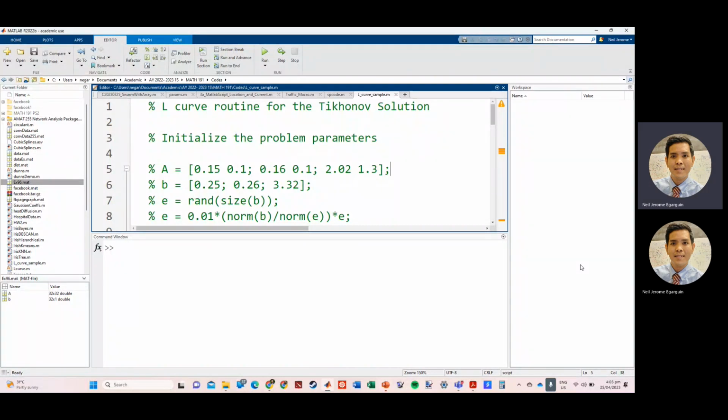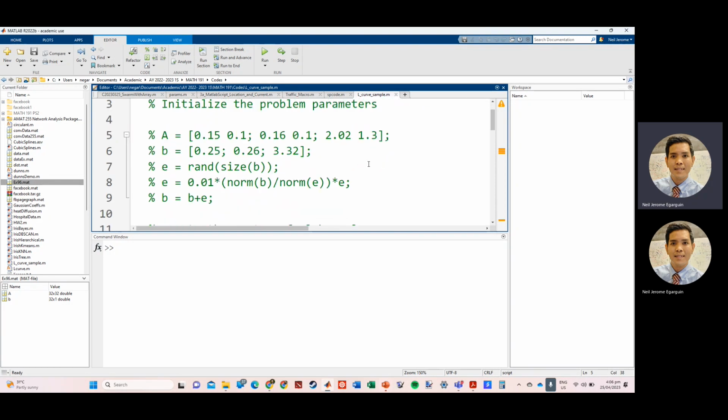Okay, so I hope you're seeing my MATLAB screen now. Here I have the MATLAB script lcurve_sample.m. Now here I will initiate the problem parameters, right?